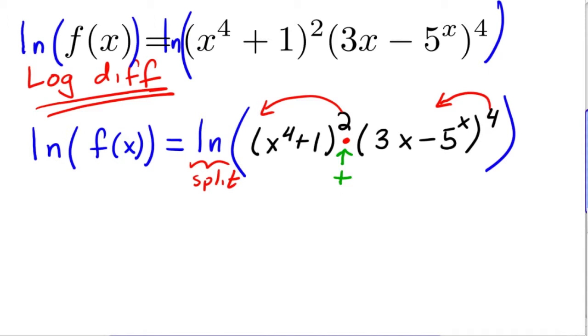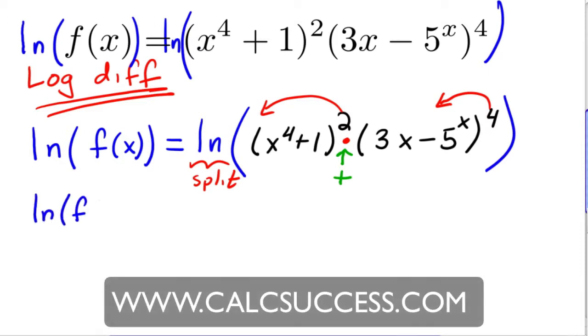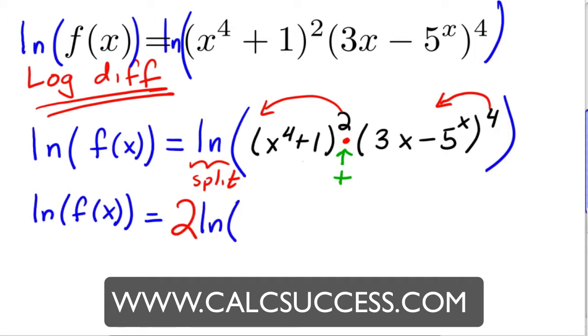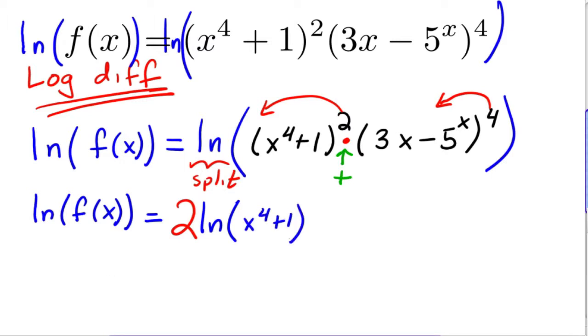So we don't have any division here. So that was our super fast way. So it's just using all the laws of logarithms at the same time. Okay, so if I'm going to split this up, here I'm going to have the 2 come out in front, and then natural log of this is going to stay the same, x to the fourth plus 1.